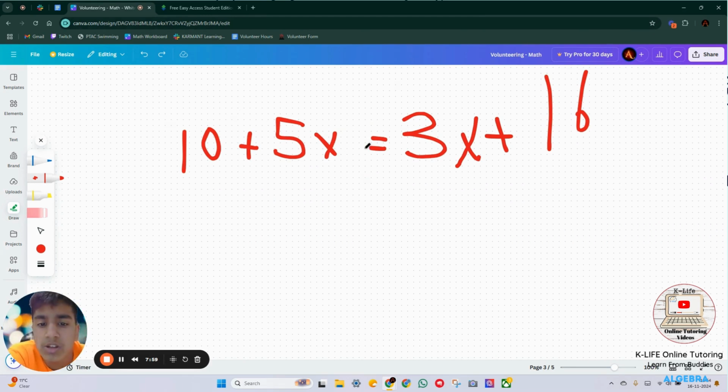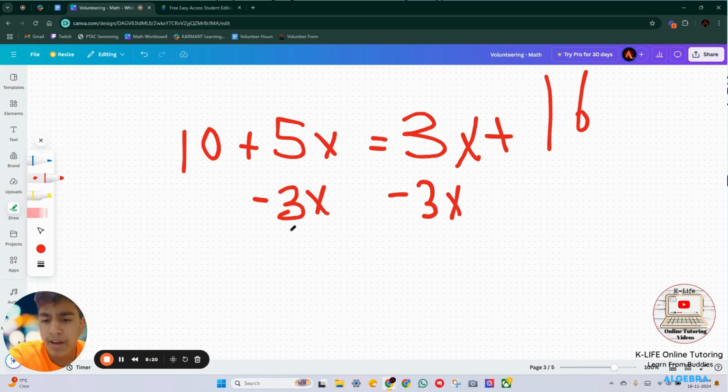Okay, so for example, if you want to make this whole equation positive, what I mean is positive as a variable term and positive as a constant term, what would you do? Well, the first step you can do is minus 3x on both sides, because what you get on both sides is going to be a positive, right?